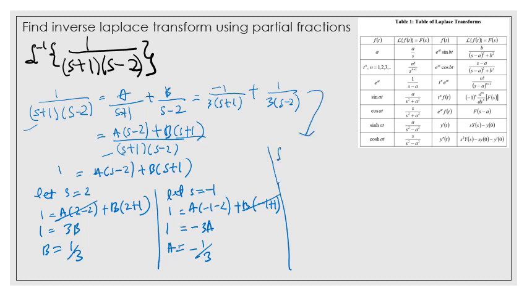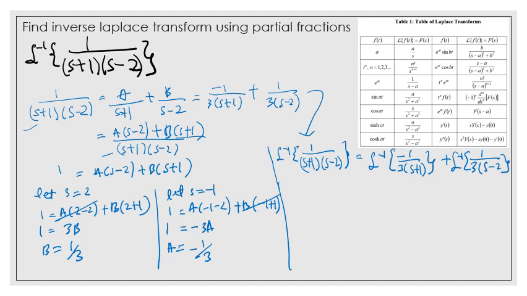So to find the inverse Laplace of 1 over (s plus 1)(s minus 2) equal to inverse Laplace of negative 1 over 3(s plus 1) plus inverse Laplace of 1 over 3(s minus 2).